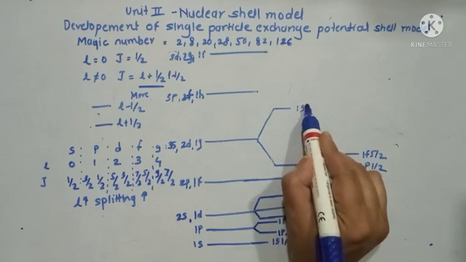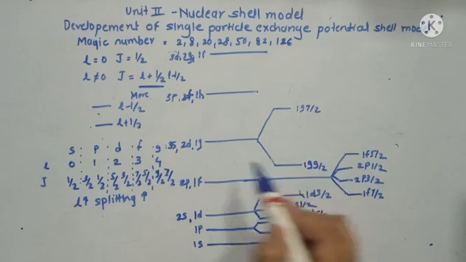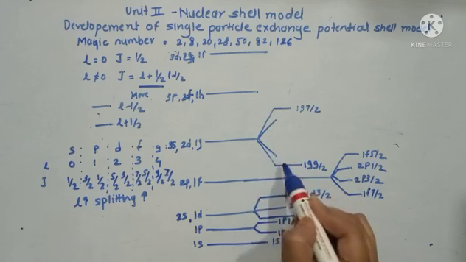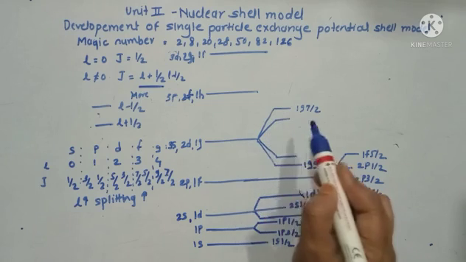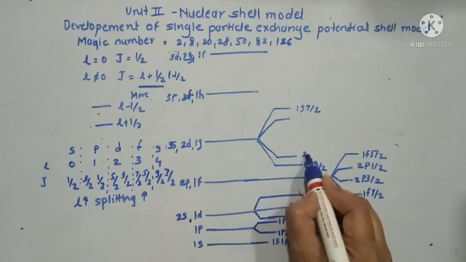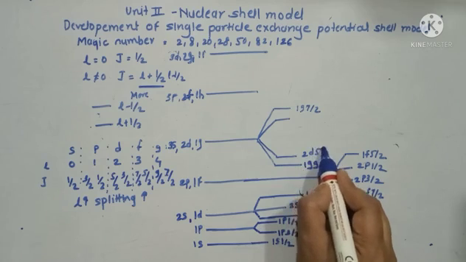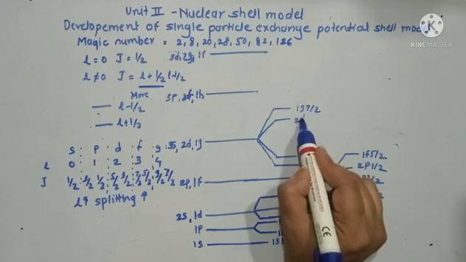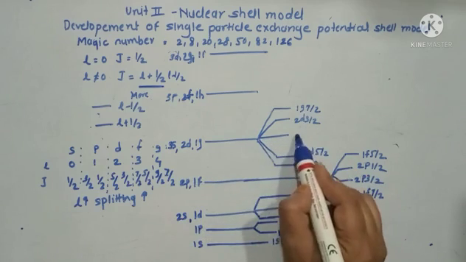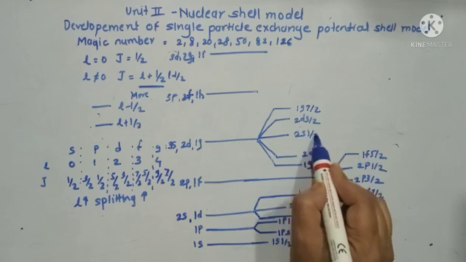Okay, 1G 7/2. Along with this d orbital is there, so d is splitting into 2d 5/2, 2d 3/2, and then 2s orbital is there, 2s 1/2.